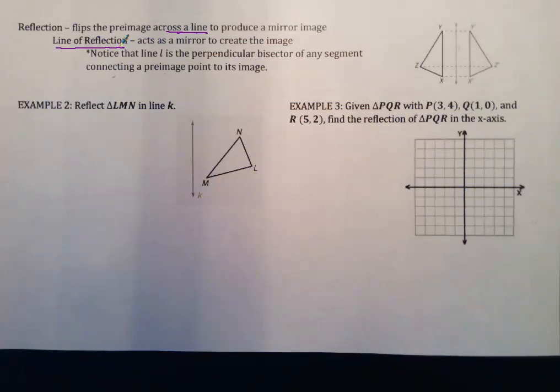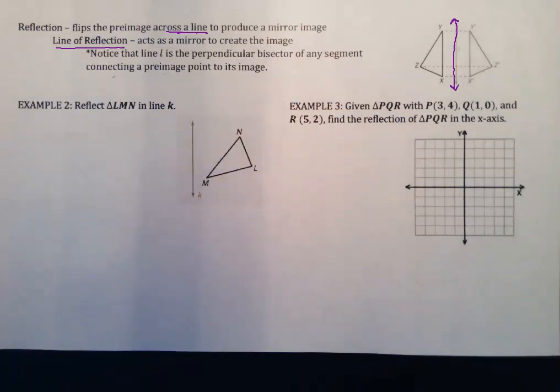The line of reflection acts as a mirror to create the image. So our line of reflection here is right there. Is this a horizontal or vertical line of reflection? Horizontal lays down with the horizon. So it's vertical, right?